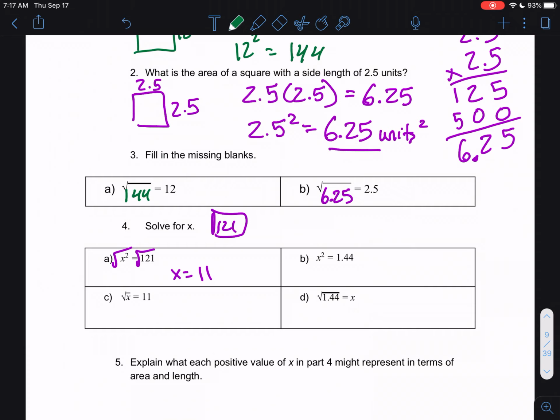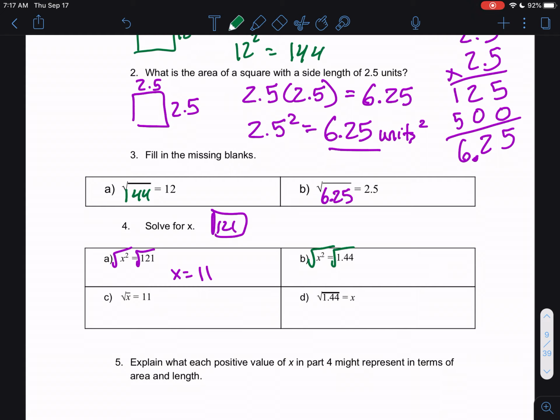Okay, so then part B, x squared equals 1.44. Again, we have to think, this is my area right here, this 1.44. I need to take the square root of both sides. And then I know that 12 times 12 is 144.